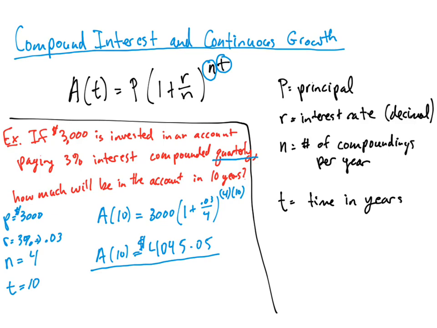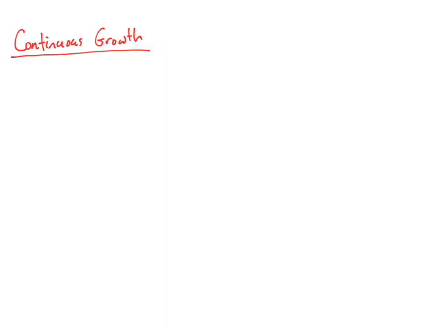However, there's other types of exponential growth that is always happening. So we're going to be looking at when does that apply and how do we do that. And that is called continuous growth.